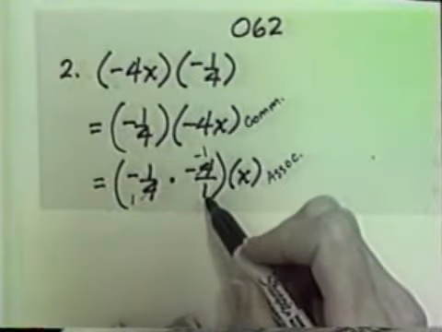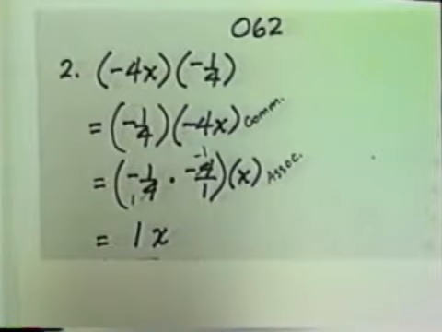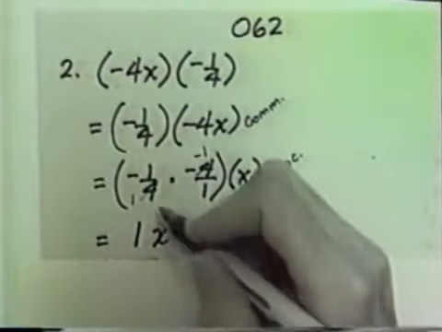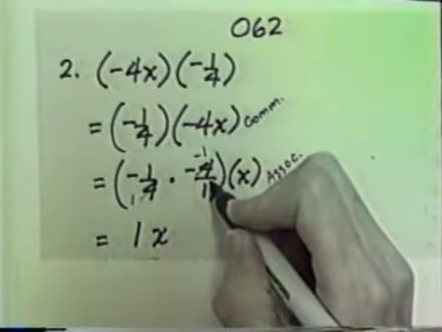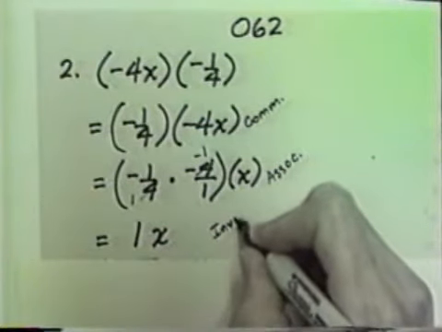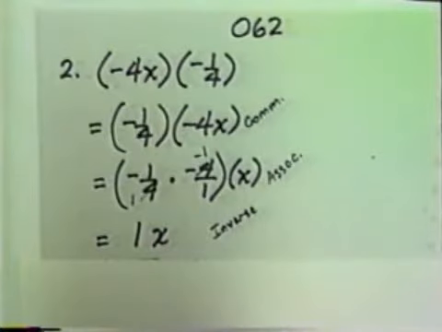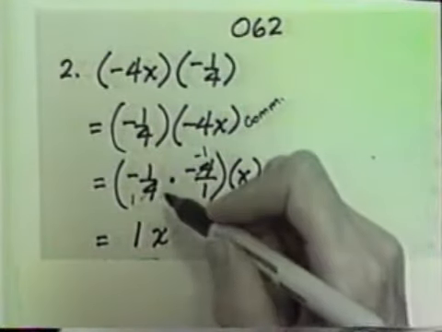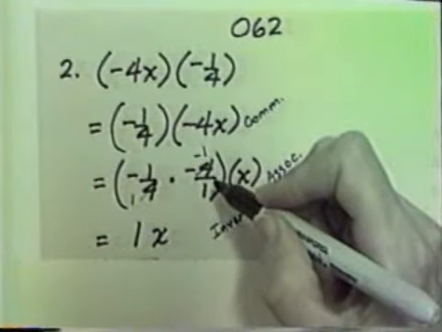Denominator is 1 times 1, which is 1, and so we get 1 times x. This uses the inverse property of multiplication, because we multiplied a number by its reciprocal.